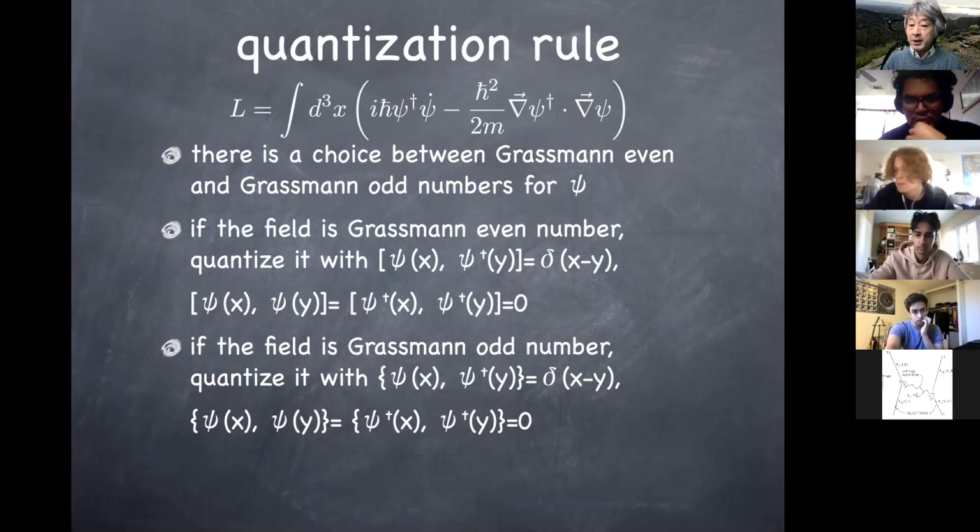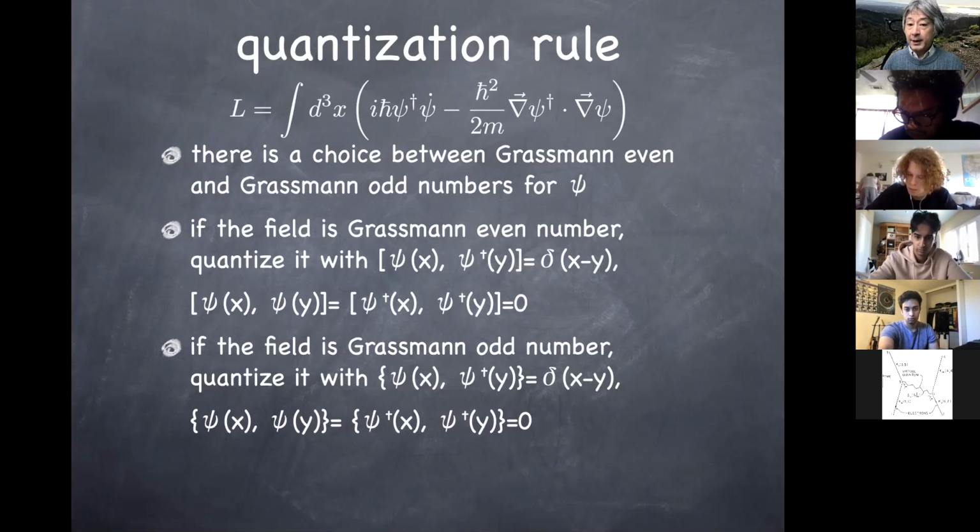For the Grassmann odd case, we will see that this is also identical to the multi-particle quantum mechanics of fermions. And at this stage, this is an arbitrary choice, whether you use commuting numbers or anti-commuting numbers. But what we will see later on is that when you put quantum field theory together with relativity, it turns out that it's not an arbitrary choice.